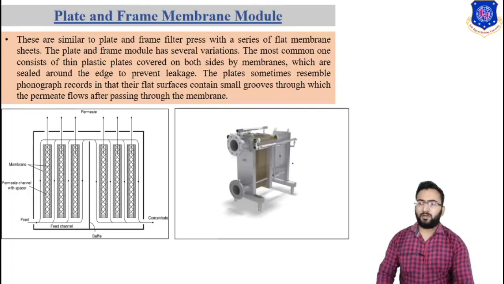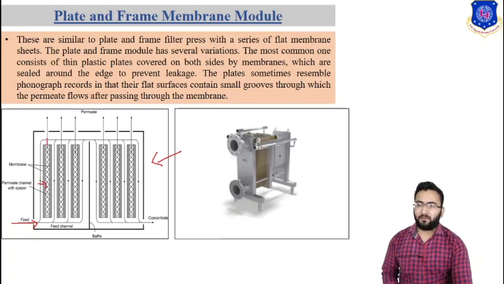So here you can see the image of the membrane module. There is one schematic of a membrane module where the feed enters from this side and permeate passes through the membrane and is collected from the top of this plate and frame module.